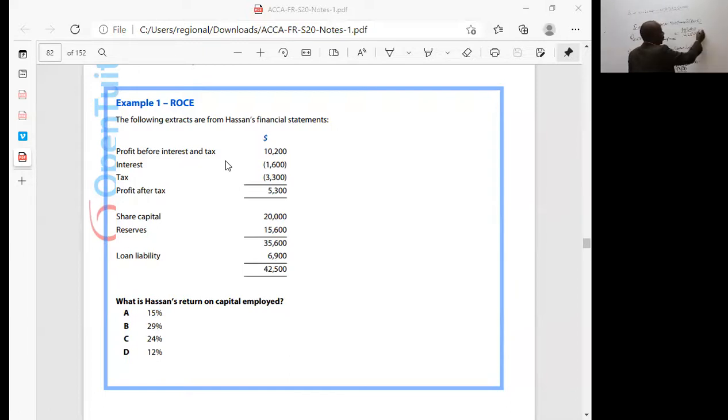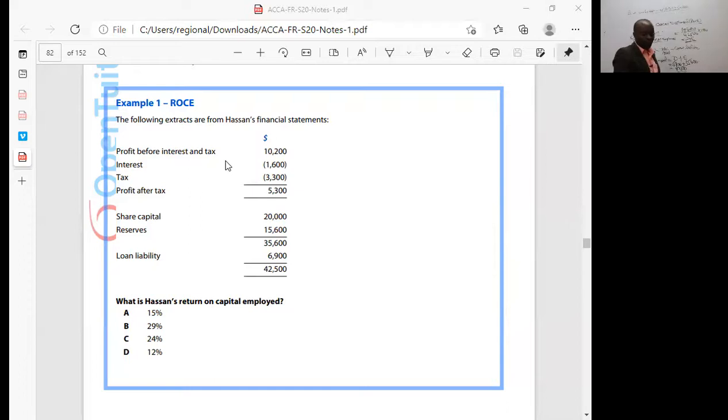Whatever I get here, I want to change it to percentage. Then this will be 10,200 divided by 42,500 times 100, which ends up giving me 24%. So I hope that is clear.